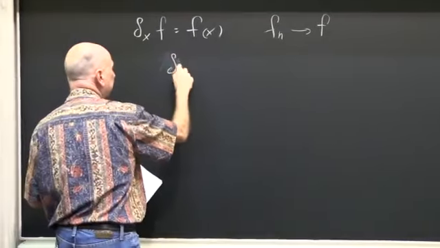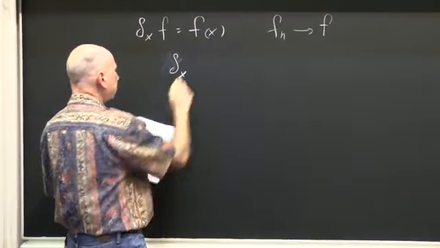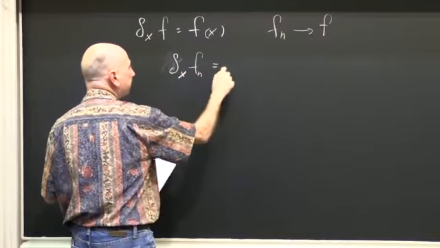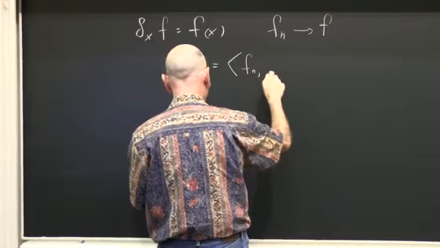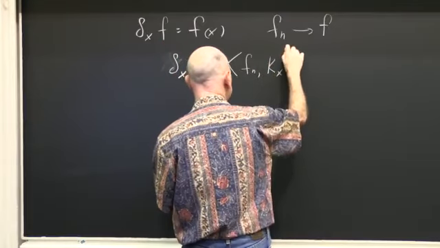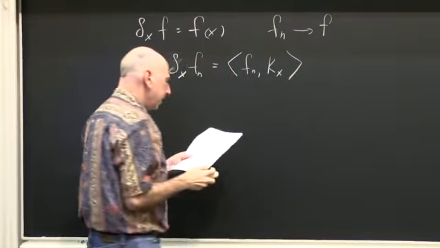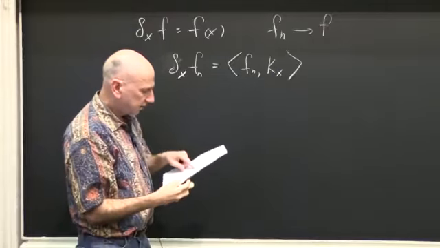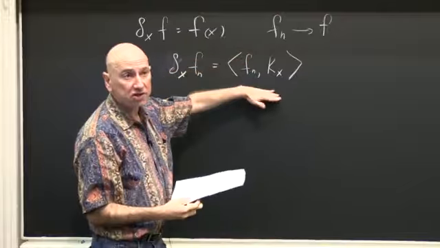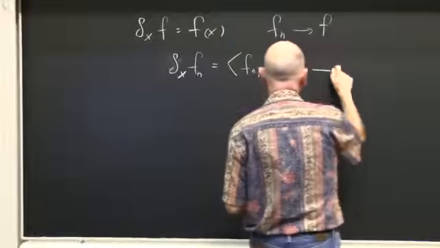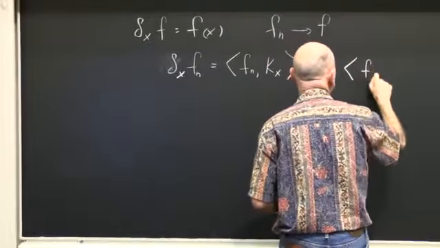Let's just evaluate it. If I take delta x applied to Fn, because we're in a reproducing kernel Hilbert space, I know that's the same as taking the inner product of Fn with kx. Because of the norm convergence, that also implies the inner products converge.